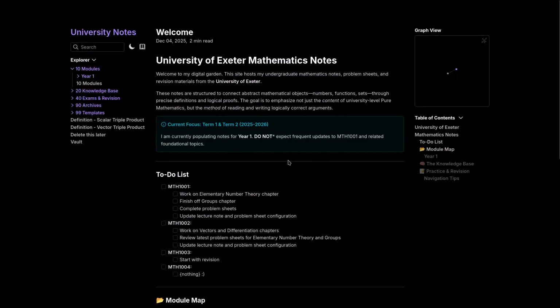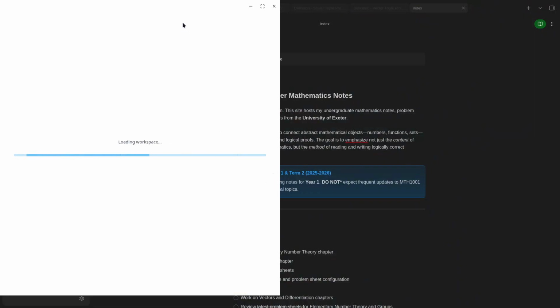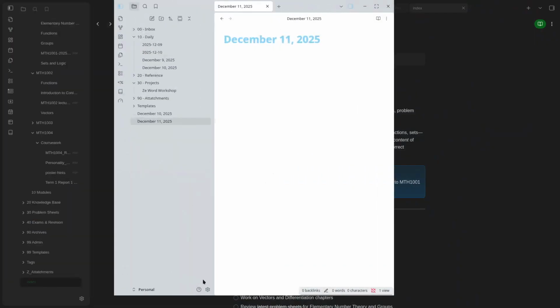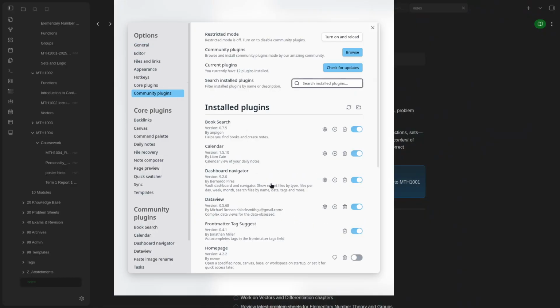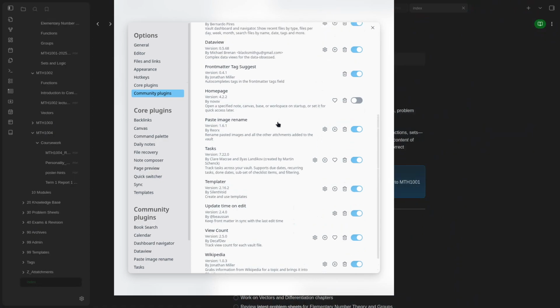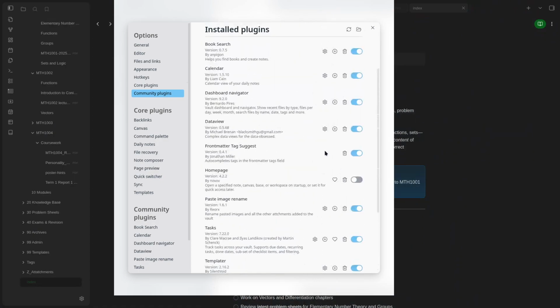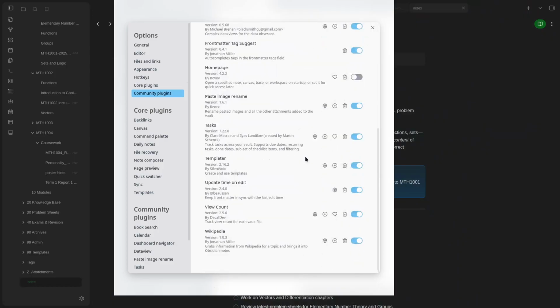And then I do actually have, in Obsidian, I don't think it's this Obsidian repo. I think it's the other one. There's nothing in here. Okay. If I hop into this repo, it's one of these community plugins. I don't know why I have any of these because I don't use them. Book search maybe.